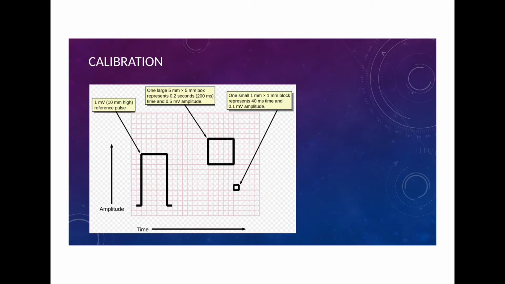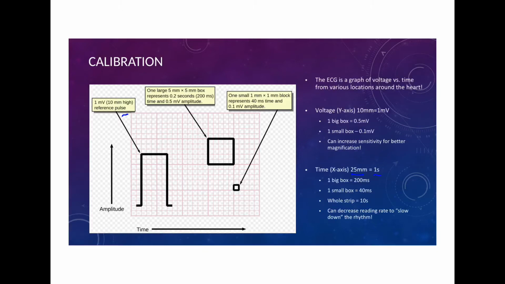Okay. Moving on, we'll talk about the calibration of the ECG, so measuring times and voltages. As you see here, essentially the ECG is a graph of voltage over time, read from different portions of the heart.